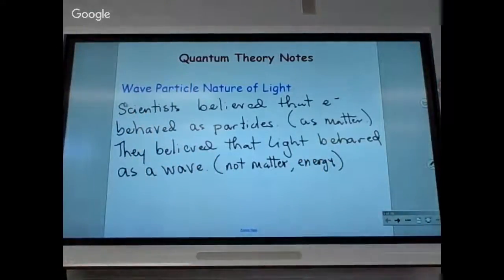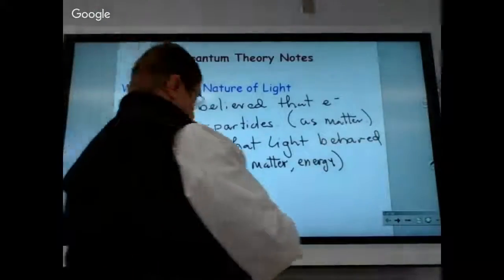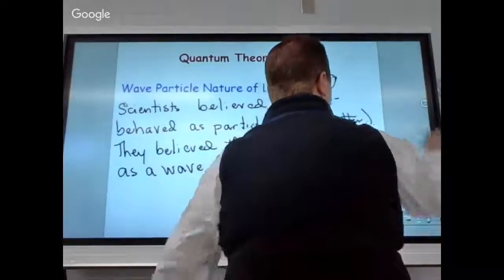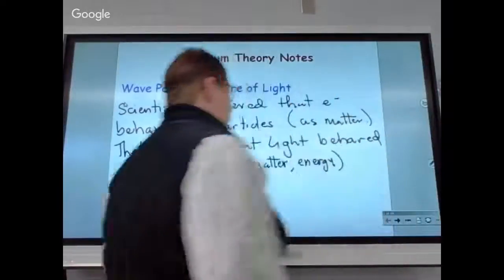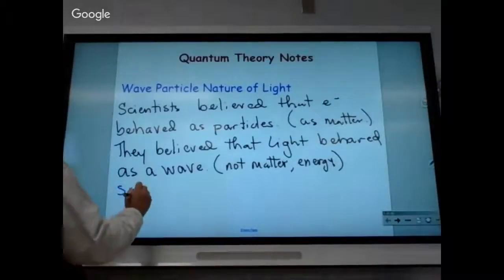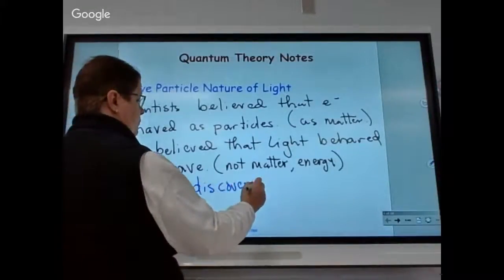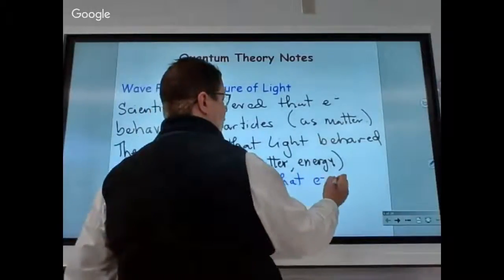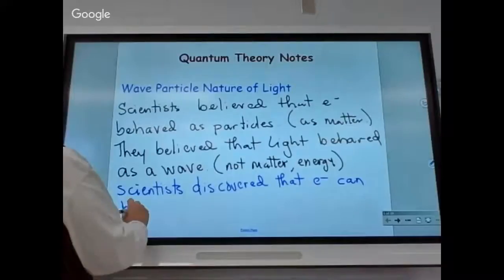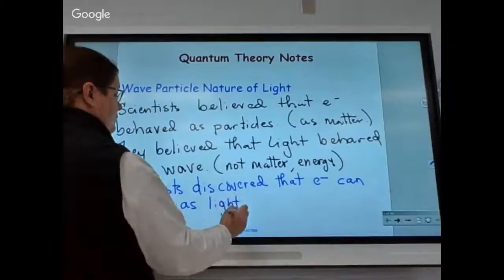Now, the revolutionary part of this theory is that scientists discovered that electrons can behave as light.